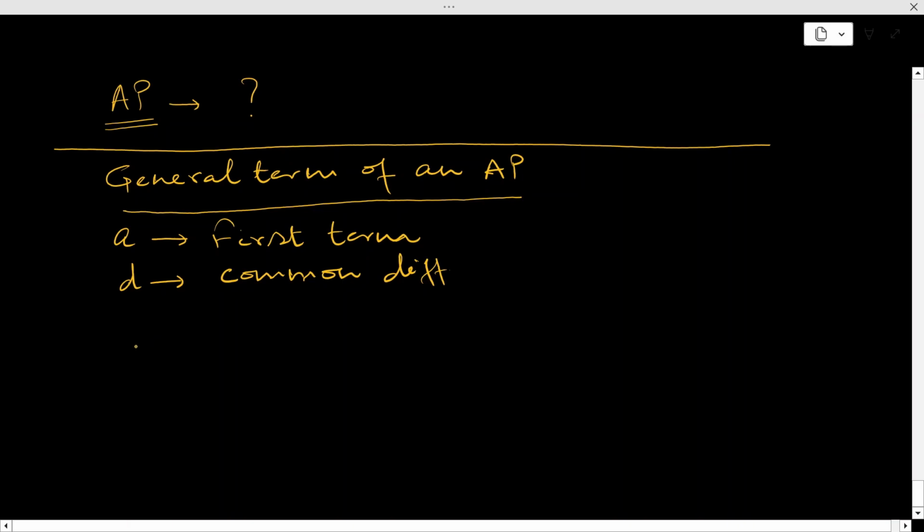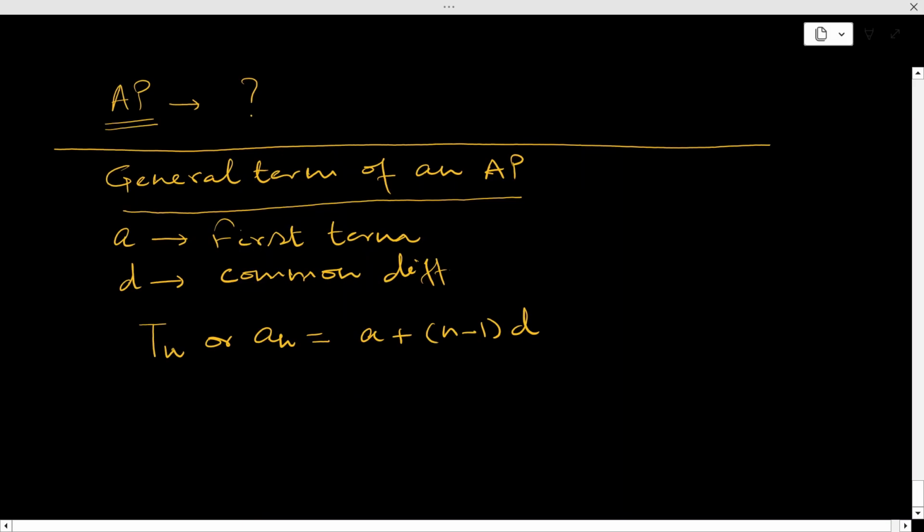If you have the first term A and the common difference D, then you can easily determine the nth term, which you can represent by Tn, or let's say An, as A plus (n minus 1) multiplied by D. So you have to add the (n minus 1) times multiple of D to A in order to get this general term.